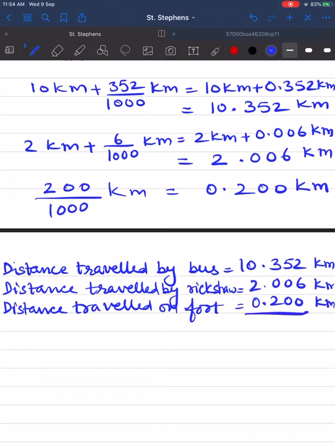Now total distance, let's add. So here we have 8, 5, 5, decimal below decimal 2 and 1. So it is 12.558 kilometers.